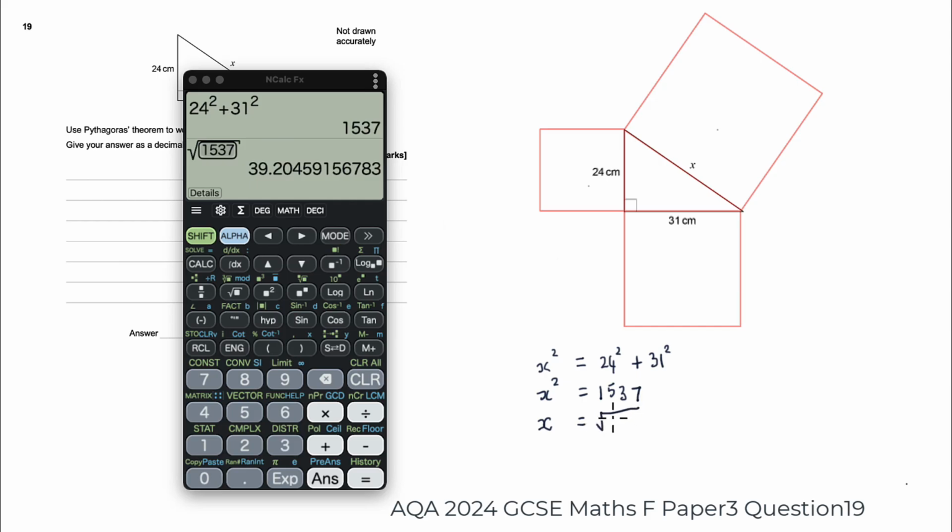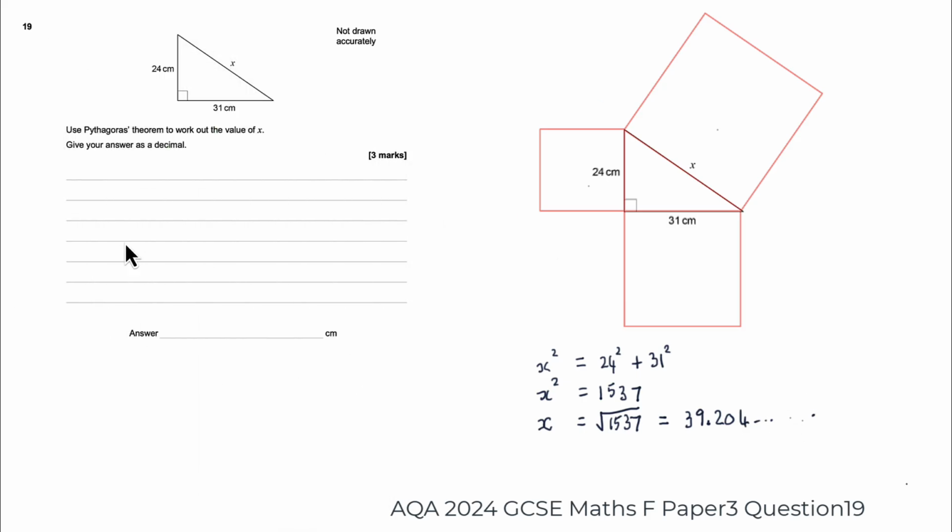So that's x, the square root of 1537, and that gives me 39.204, and so it goes on. Now the question says give your answer as a decimal, but it doesn't say how accurate that should be.